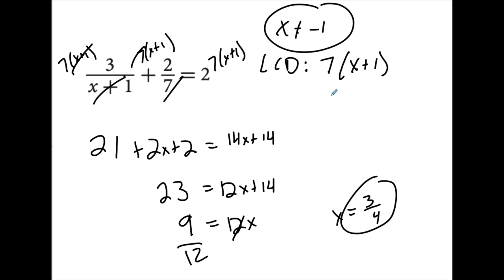Okay, so let's see. 3 over 1.75 plus 2/7. All right, let's see what we get here. I'm actually going to do this on my calculator. I'm going to do 3 over 1.75 plus 2 over 7, and my calculator will tell me 2.